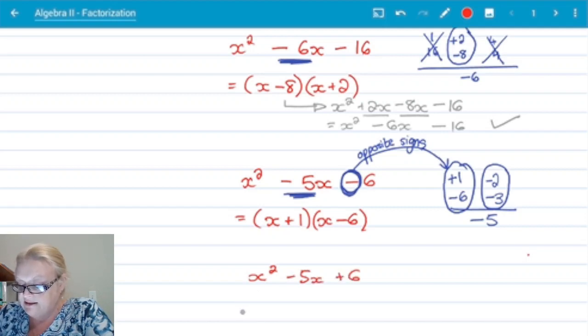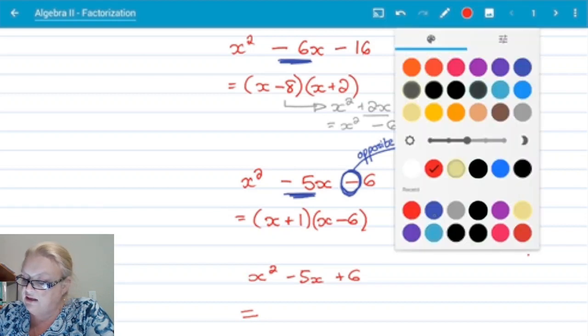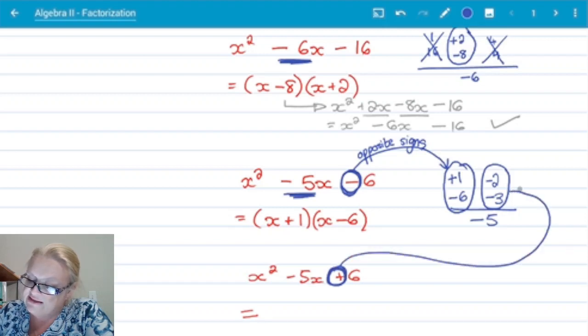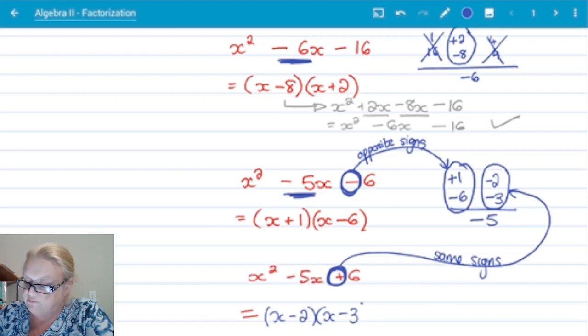In that case, I would have chosen to use the combination that has the same signs. So I would choose to use x minus 2 and x minus 3. Well, I should have written that in red.